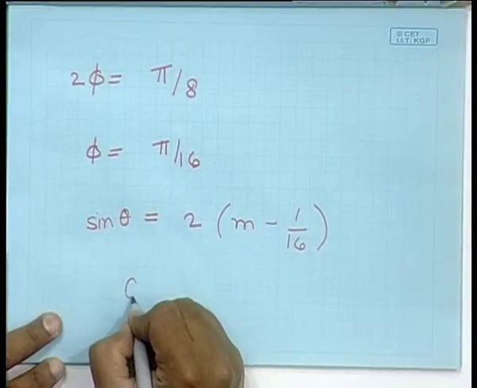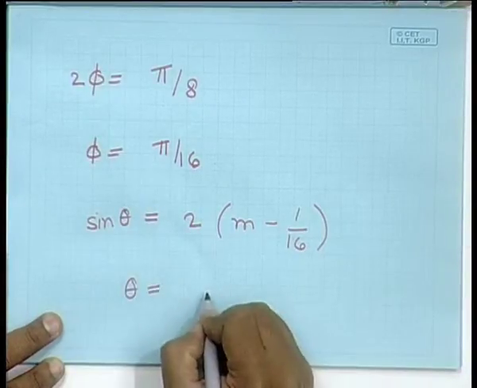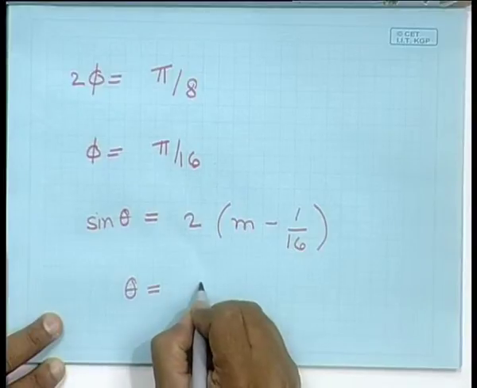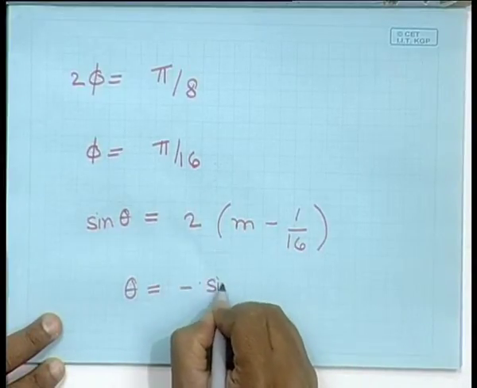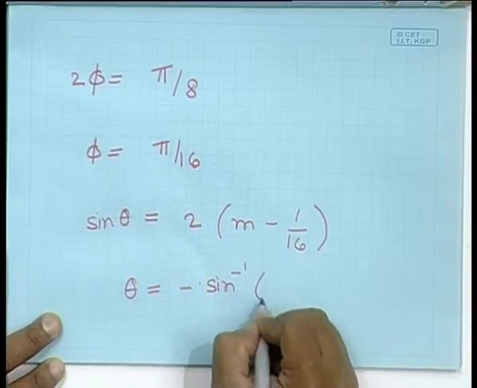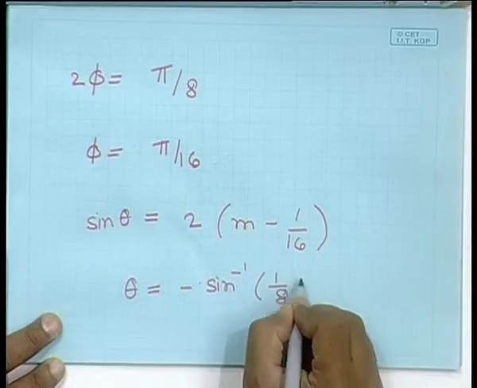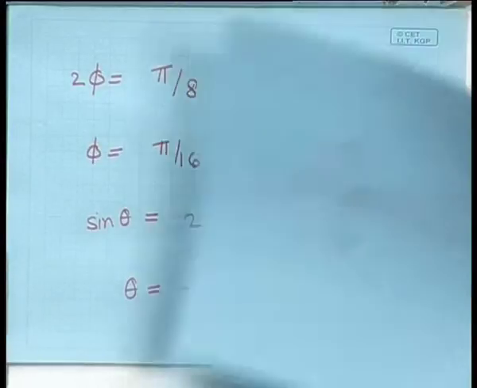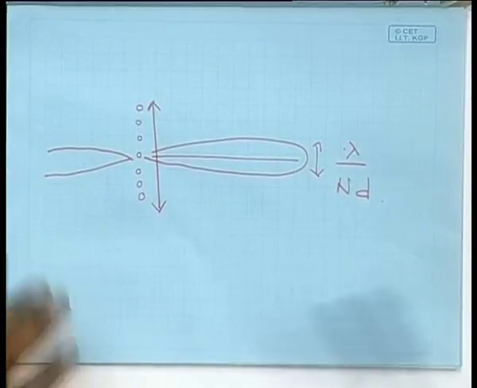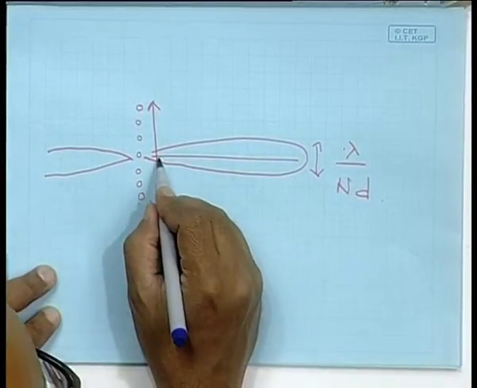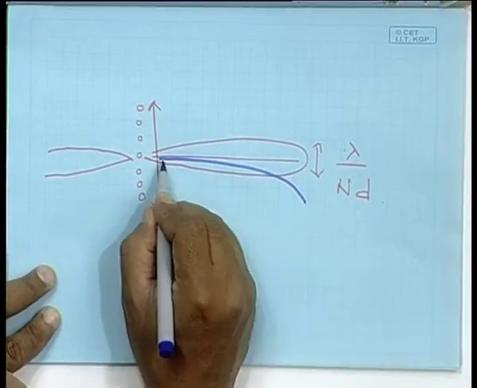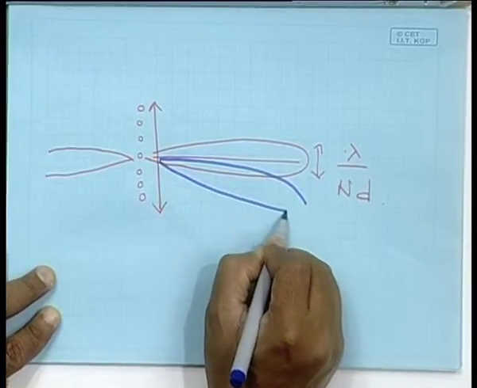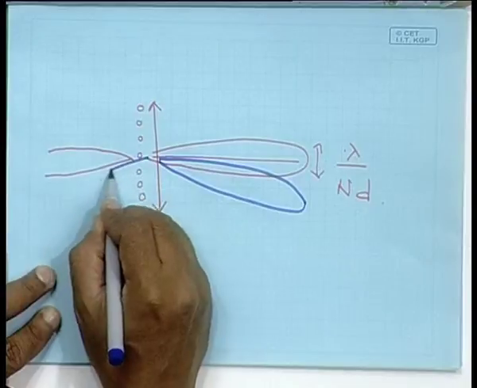So, we can see that the maxima will now occur at an angle which is minus sin inverse 1 by 8. So, if you introduce a phase between each of these antennas, each of these dipoles, you can shift the direction in which the maxima occurs. In this case, it will shift it downwards like this.